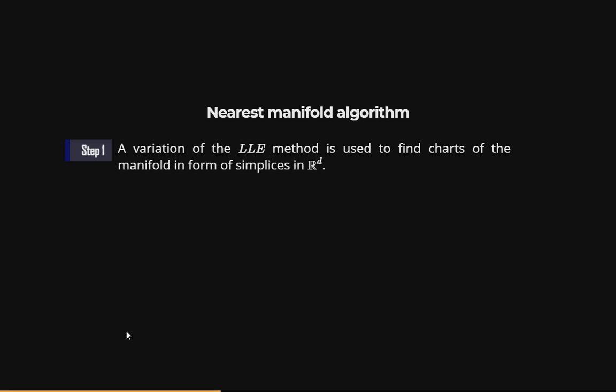And these charts are given as simplices in R^D, so triangles in the plane, for example, or tetrahedra in the space. Why? Well, because LLE writes everything as a combination of the nearby points. So if we use it to produce charts, we will produce charts which are convex combinations of nearby points, which is simplices.